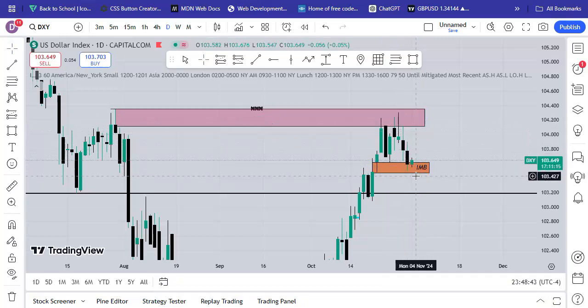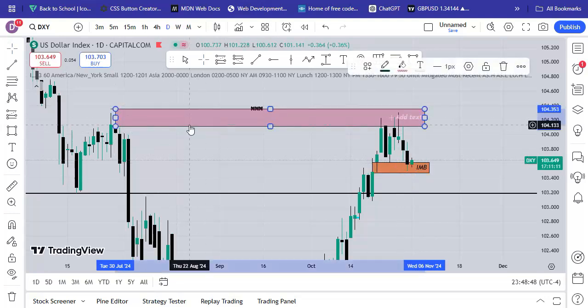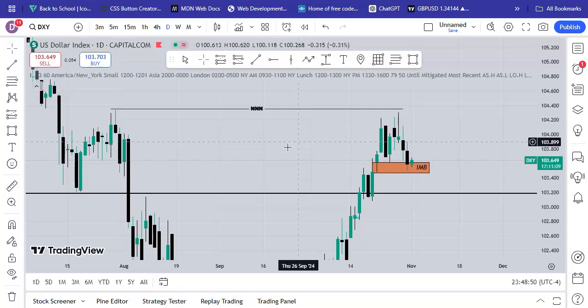I'm a retail trader as well, but I'm an ICT retail trader, which means I view the market differently from a random retail trader. So this is telling me that this is generated liquidity.